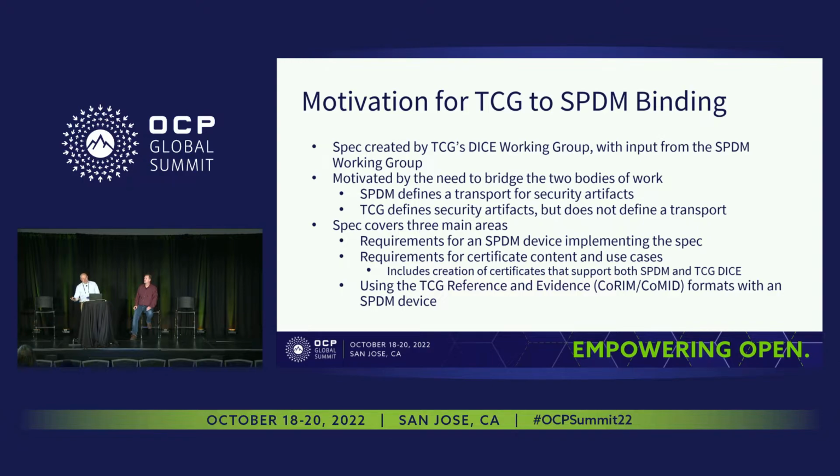The motivation, I think we talked about this, is there's a number of different artifacts. There's a bunch of things around how you actually implement this, and this tries to specify that. The spec covers 3 main areas. SPDM, like many of our specs, has a bunch of optional features. What this does is put together the set of requirements for SPDM.